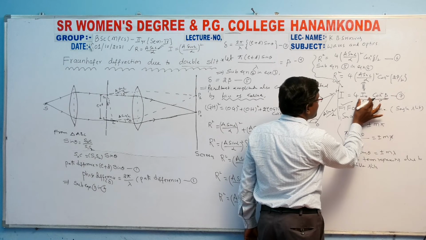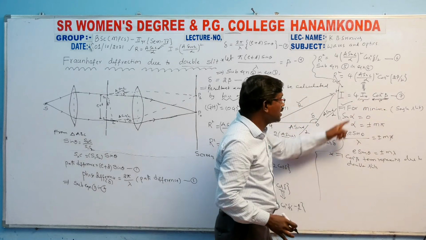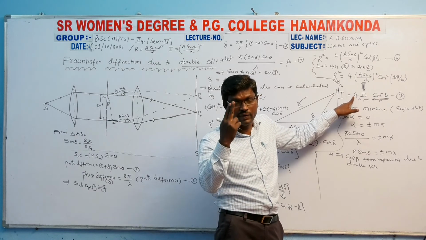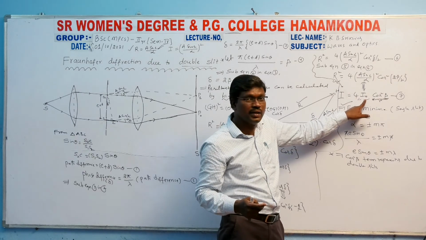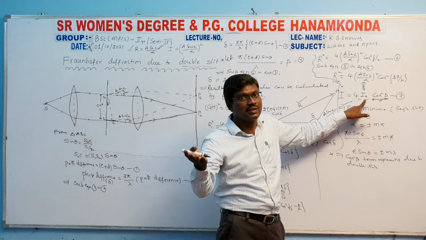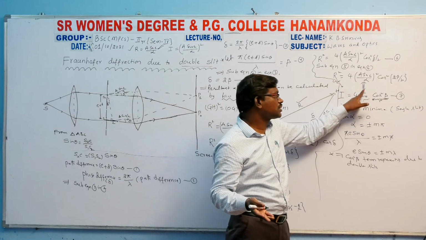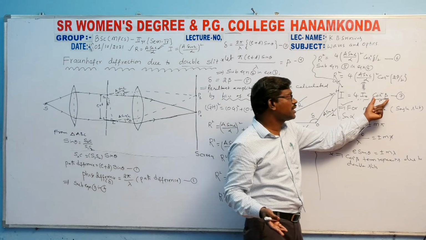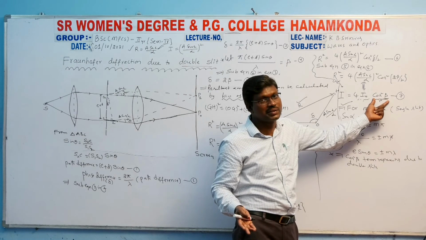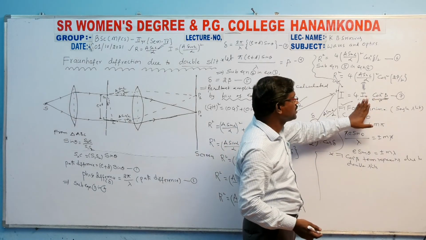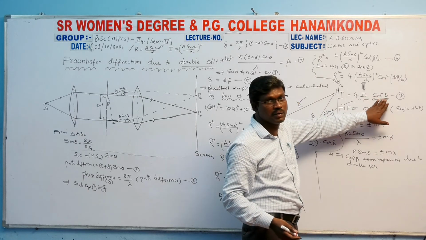This first term represents that due to single slit. The intensity becomes 4 times. When we are having two slits, the intensity will be 4 times that of the single slit. Is that clear? So the first term, this I naught, is the single slit; the second term represents the double slit. Clear? Right. Simultaneously we can observe this is due to single slit, and this term represents double slit.